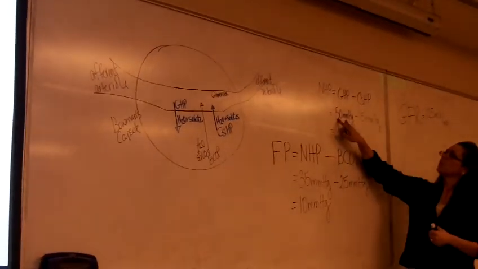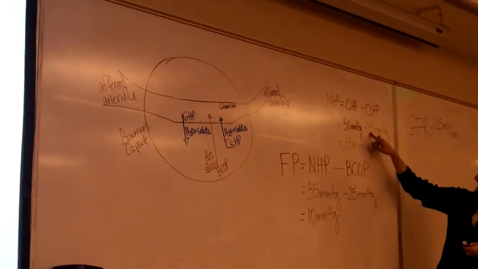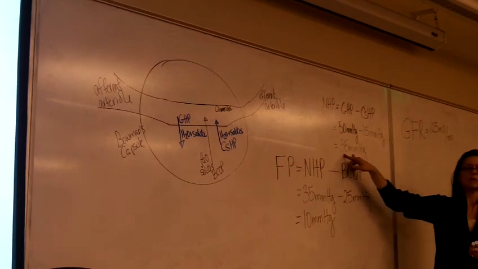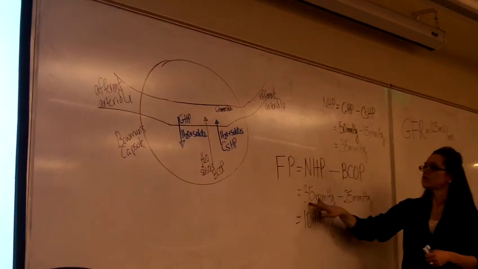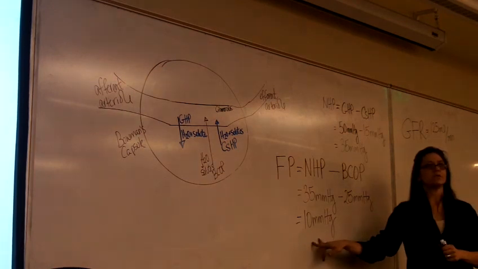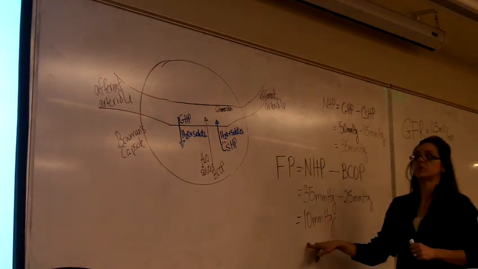So if that number were 40, 40 minus 15 would give us 25 here, and then we would have 25 minus 25, that would give us 0. No filtration being produced, no filtrate being produced.